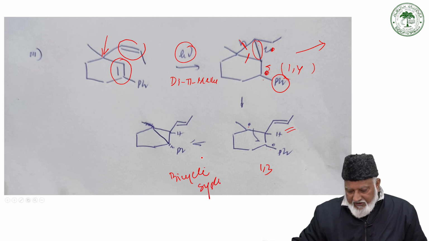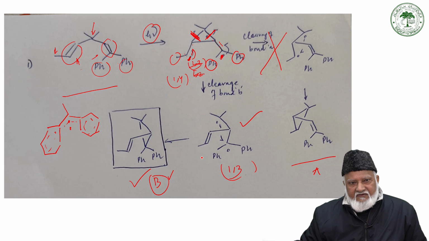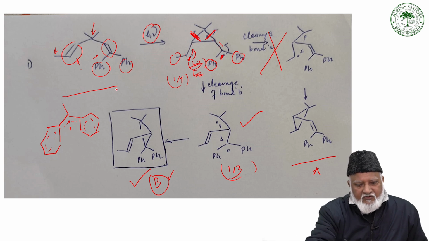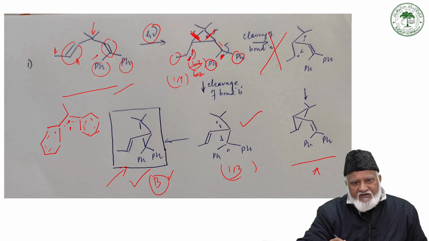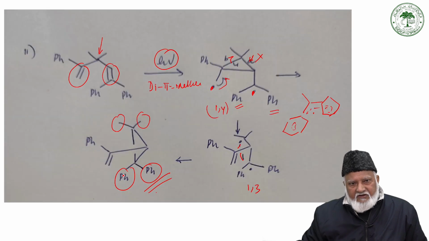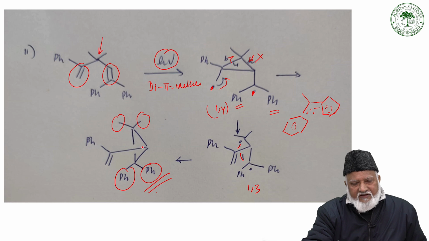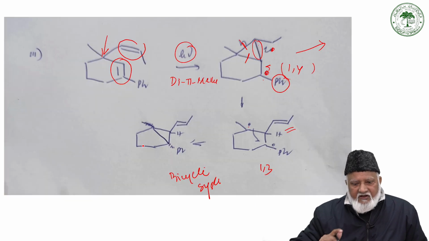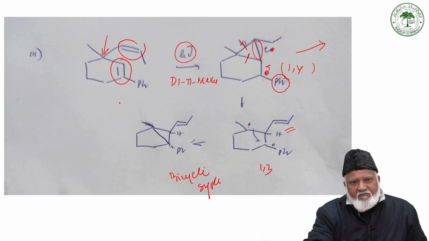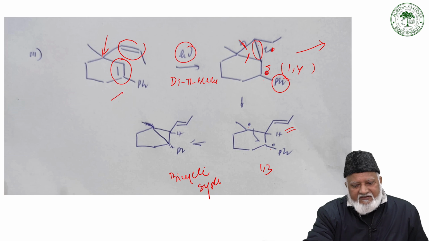So in the earlier two cases, we have an open chain system. Whenever you have an open chain system, we get a monocyclic cyclopropane ring. This is also an open chain system. We are going to get a monocyclic cyclopropane ring, and here the double bond is already a part of a monocyclic system. So we get a bicyclic system, 3-membered and 5-membered.